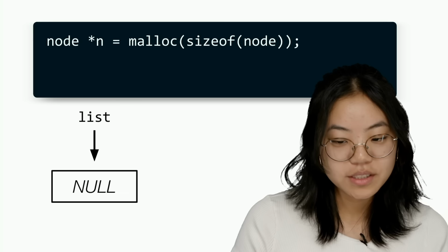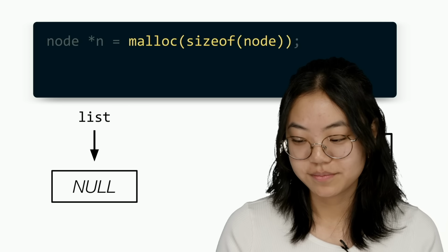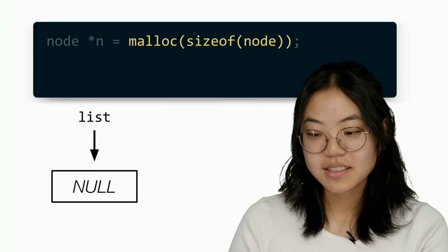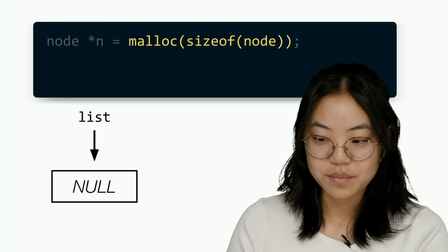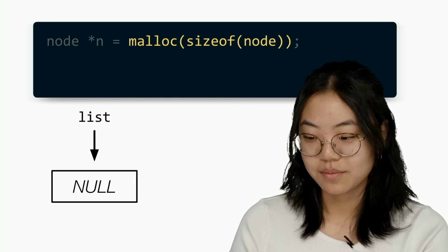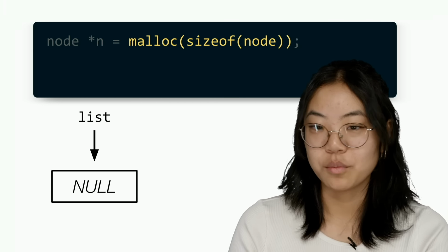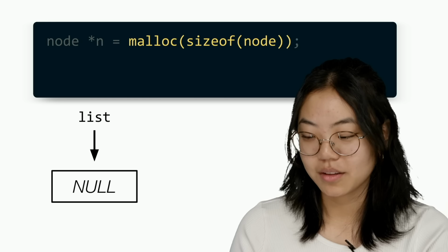And then what we want to do here is actually malloc a node. So we're going to ask the computer for however much space a node needs and malloc that, and that's going to return the address of whatever memory was just malloced.